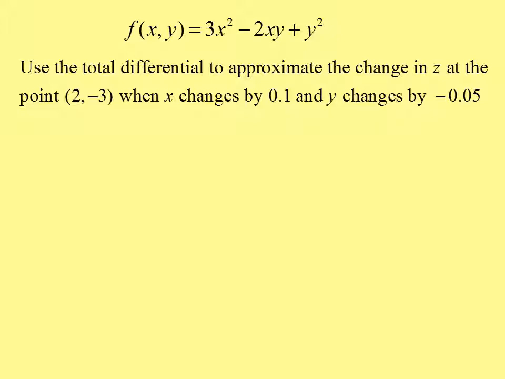Now here we see an example where we're given a function of x and y, and we're asked to find the total differential. And we want to use that to approximate the change in z.